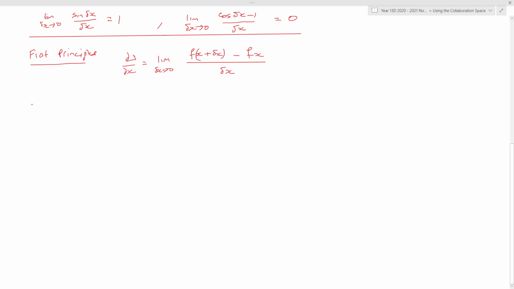So on the left hand side, if we need more space, we can write on the right.